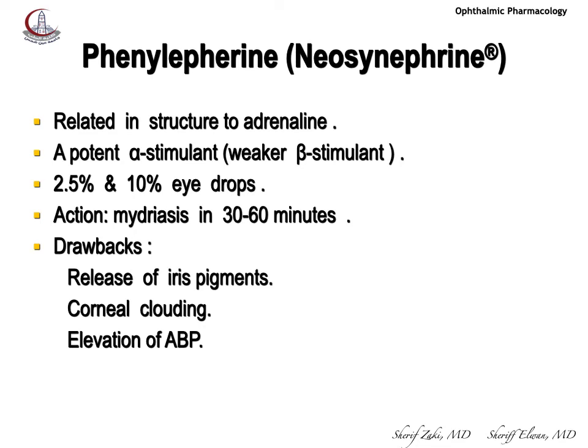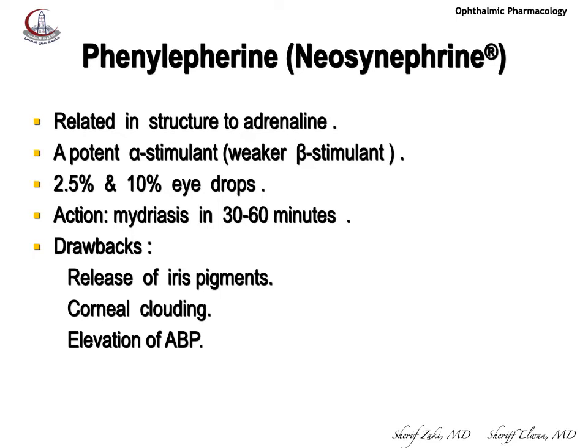Now, phenylephrine is related in structure to adrenaline, that is a sympathomimetic mydriatic drug. It has a potent alpha stimulant effect and a weaker beta stimulant effect. Available in two concentrations. First is 2.5% and the second is 10%. Its full mydriatic action may last for up to 1 hour.